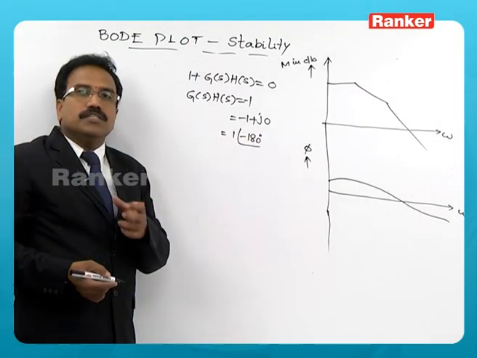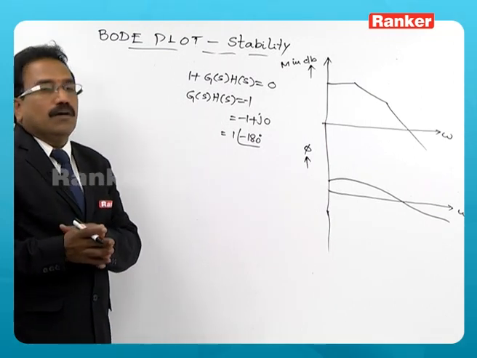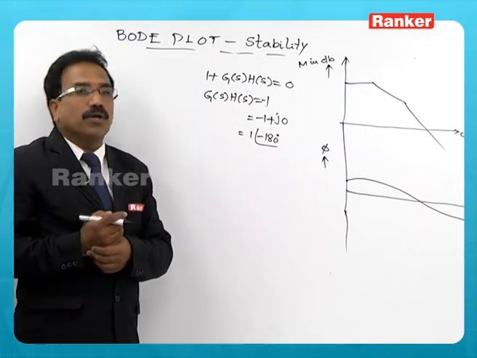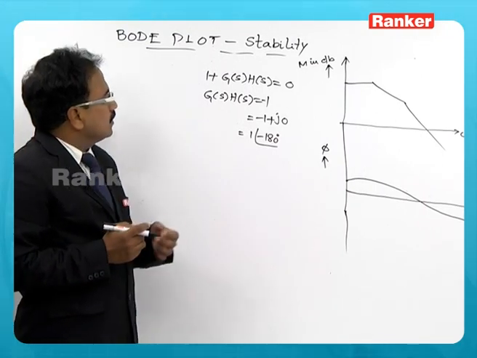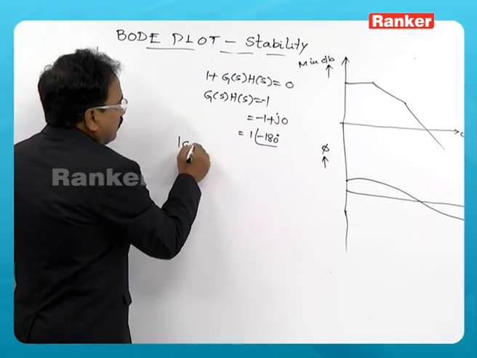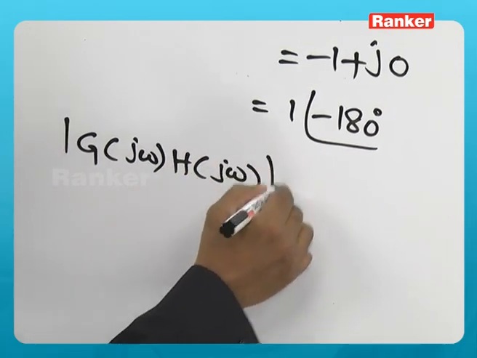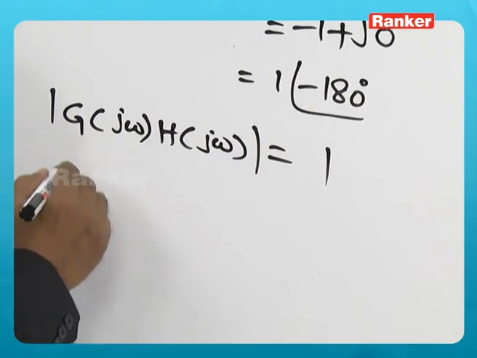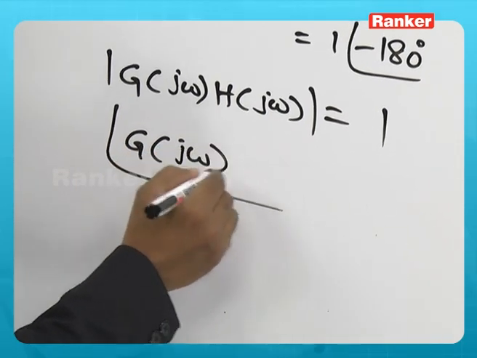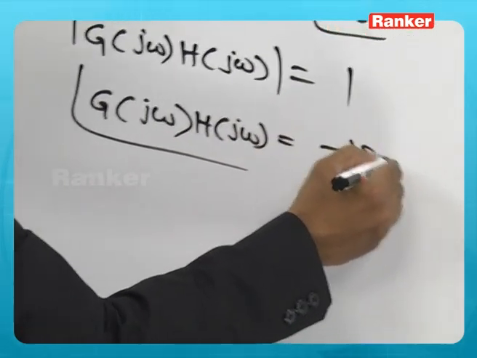So, the condition to determine the stability of a given system in the Bode plot is that the magnitude of the loop transfer function is equal to 1, and the phase angle is minus 180 degrees.